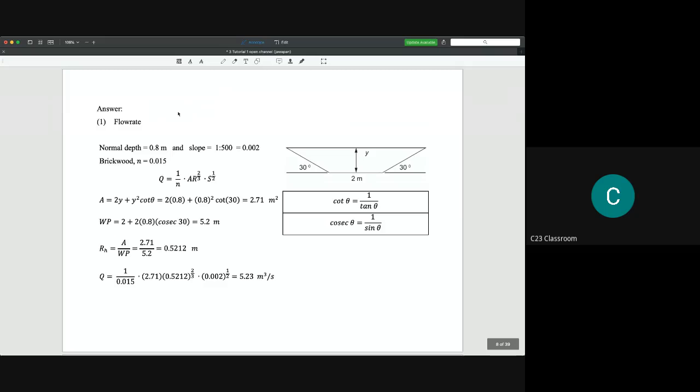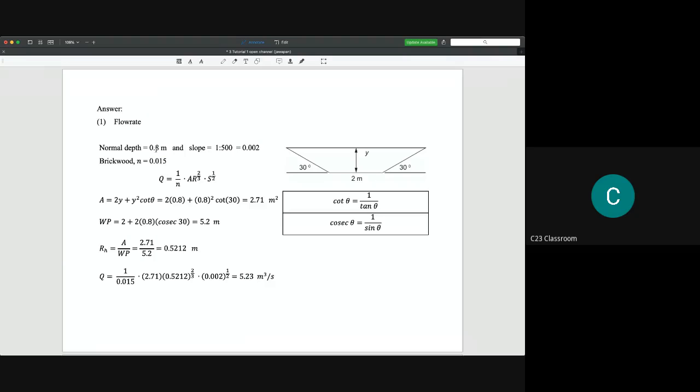Okay, this is the answer for question number 1. Let's say the normal depth is 0.8 meter, the slope is 1 to 500, which equals 0.002, and the roughness for the brickwork is 0.015.